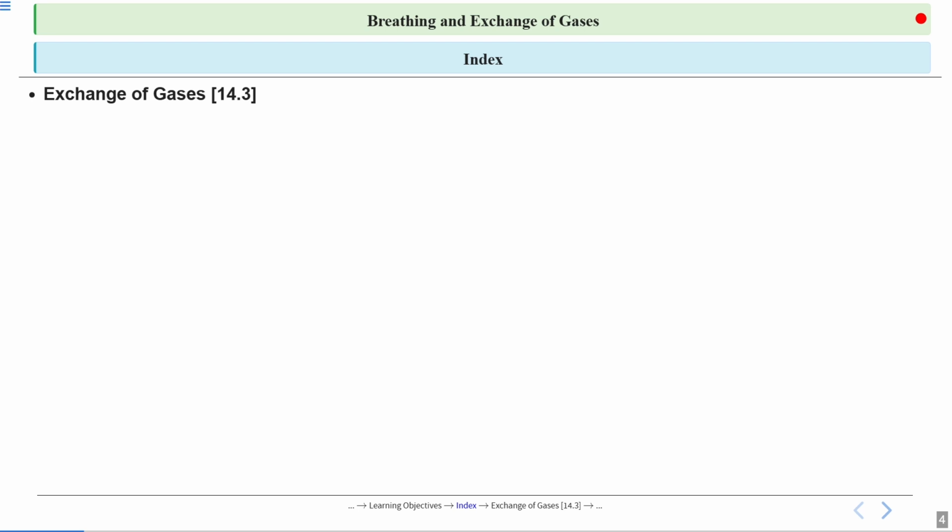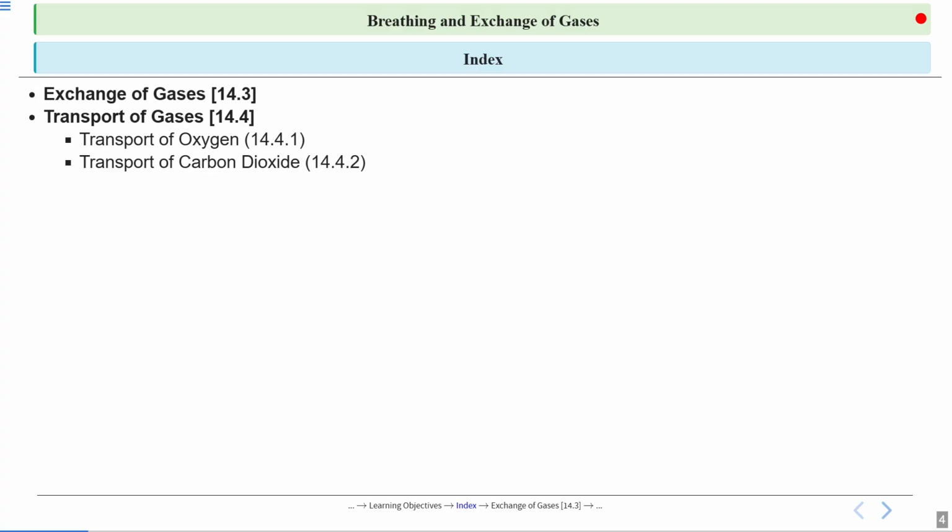Let us see the index part. Exchange of gases, that is section 14.3 of NCERT. Transport of gases, section 14.4 of NCERT, and in that section there are two parts: transport of oxygen, 14.4.1, and transport of carbon dioxide, 14.4.2.